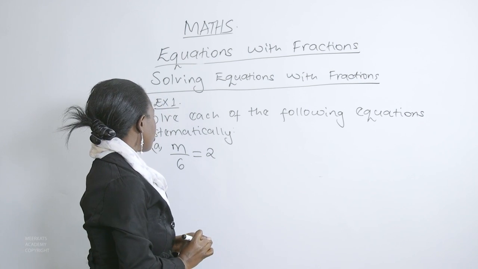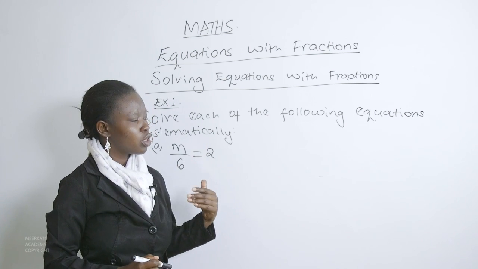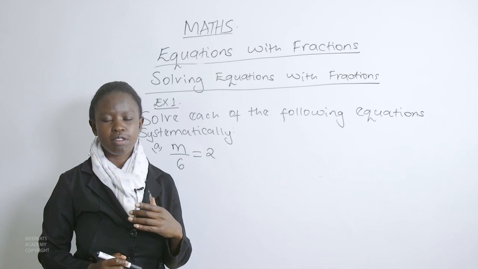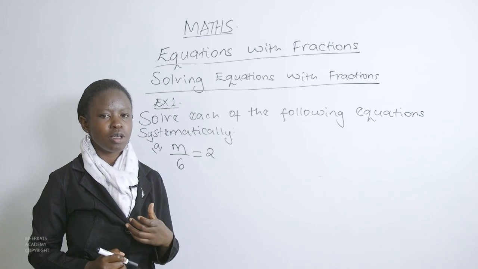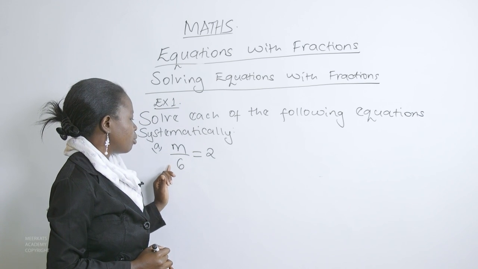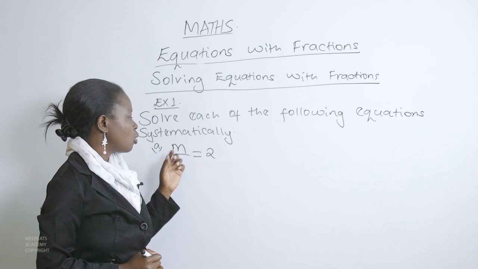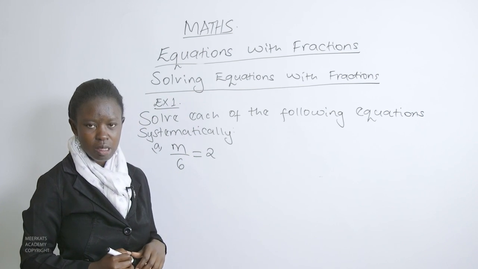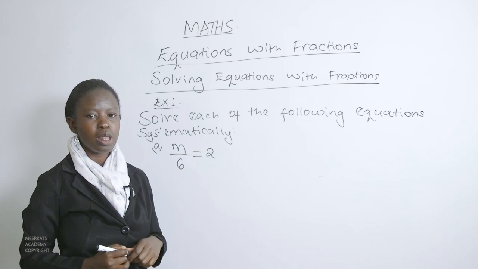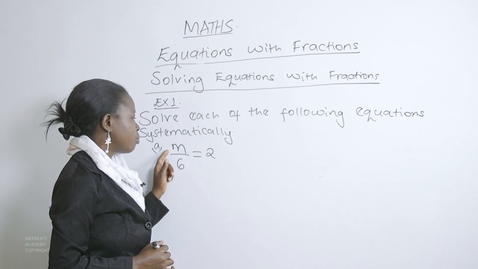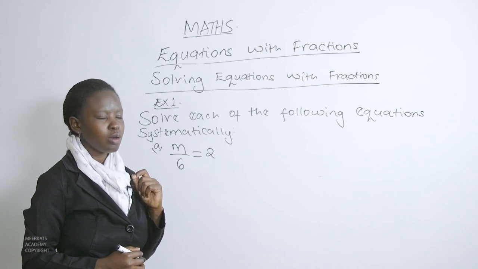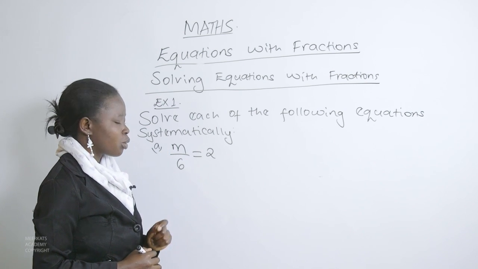We are required to solve each of the equations systematically. The first equation we have is m over 6 is equal to 2. Our pronumeral in this case is m, and we need to get the value of m from our equation.